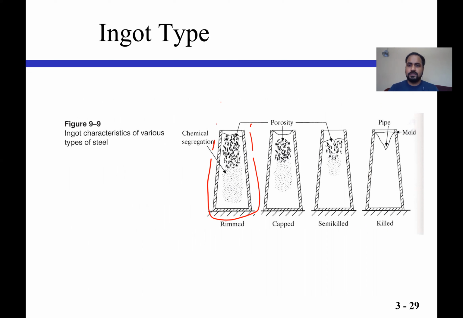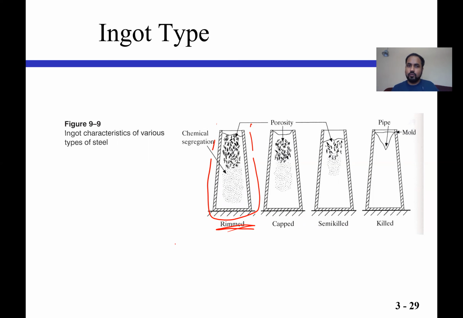What happens is, if you are not doing any special treatment, you will get a lot of porosity present in the material, and there will be some chemical segregation. Some of the alloys might start to segregate out, and you will not have a homogeneous composition. This is called rimmed steel. This is an ingot type of casting. This is a very cheap method, but useless.